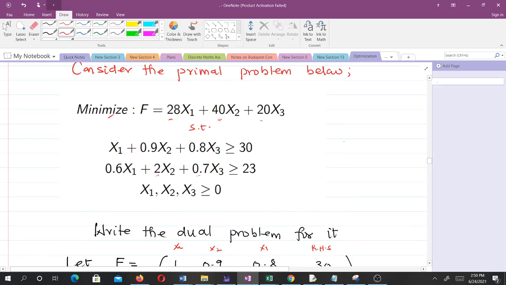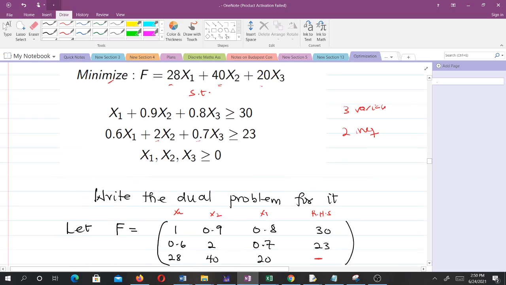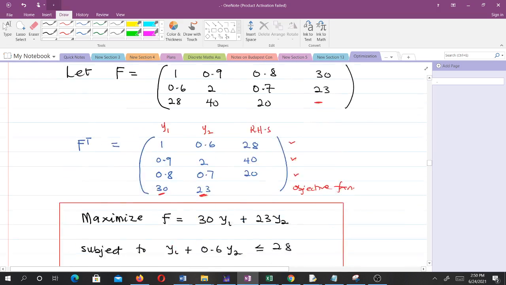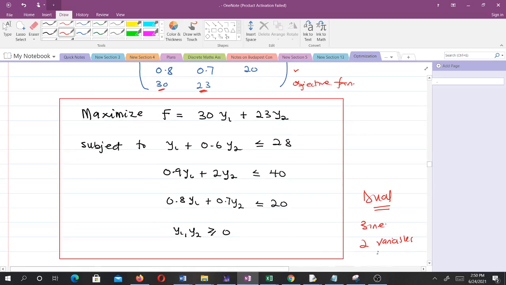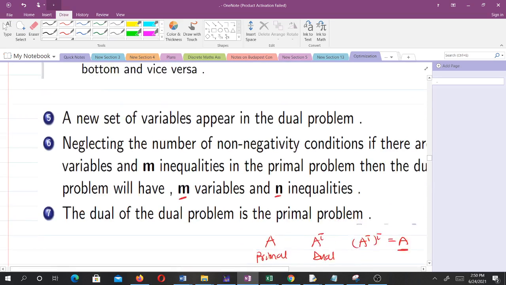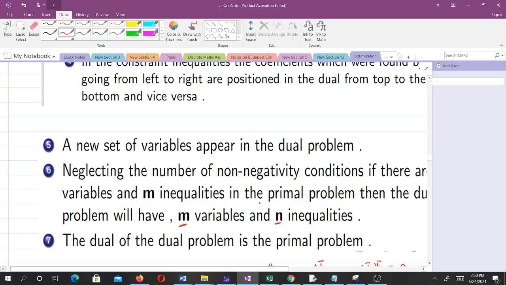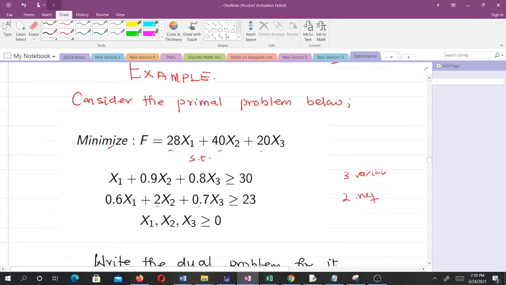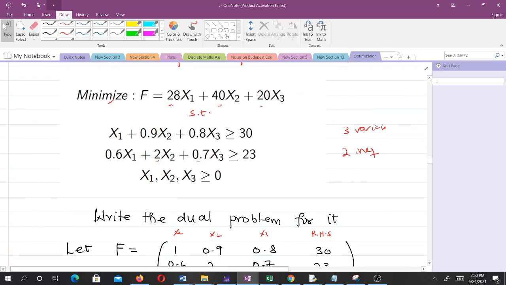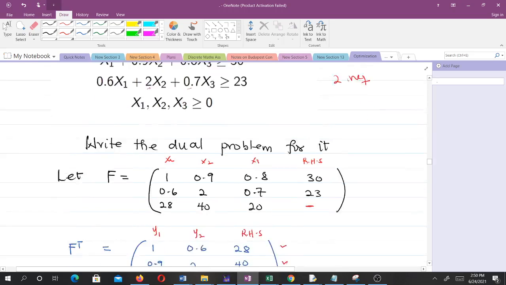We have three decision variables and two inequalities. So you can see that it has changed: three variables and two inequalities, but now we have three inequalities and two variables, and that was what the point was trying to say. Converting a primal problem to a dual problem is very simple.